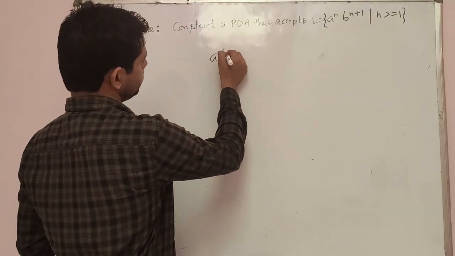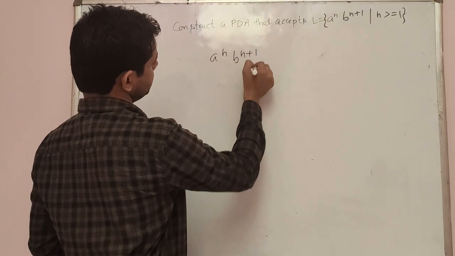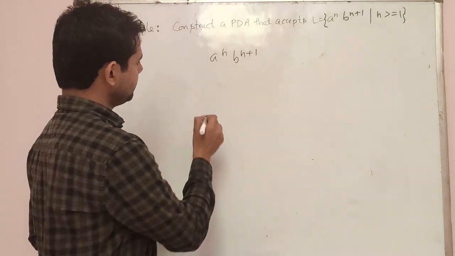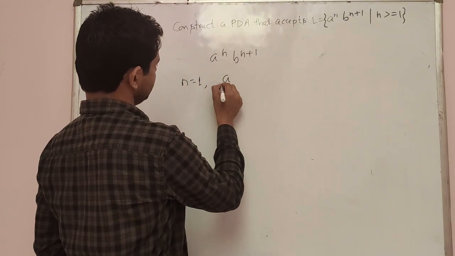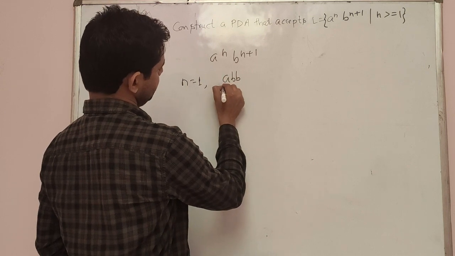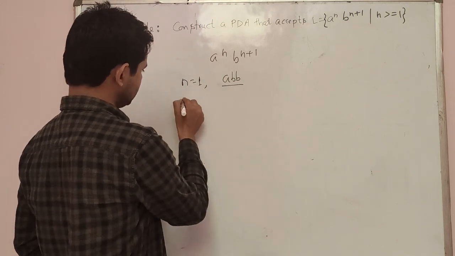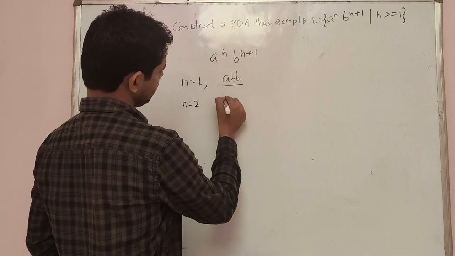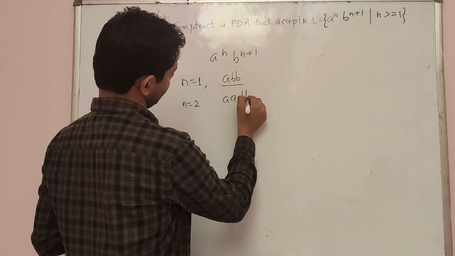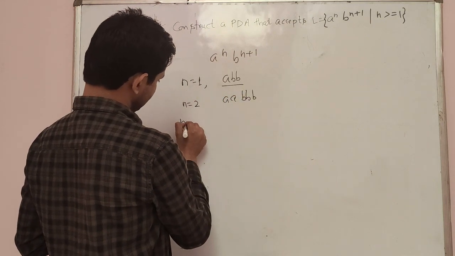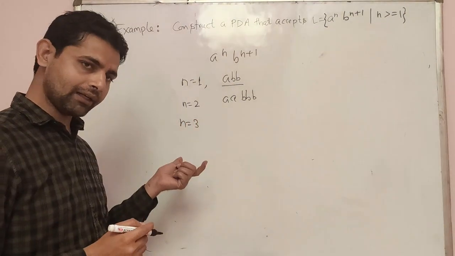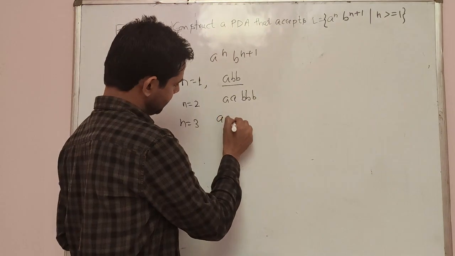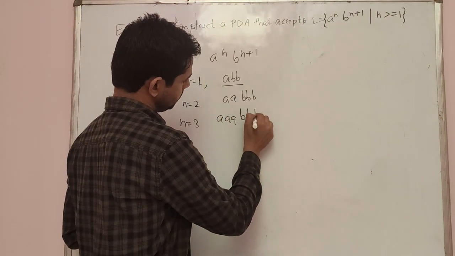For example, if I consider n equal to 1, then the string is A and BB. We have two B's. For n equal to 2, we have two A's and three B's. Then n equal to 3, in that case we have 3 A's and 4 B's.